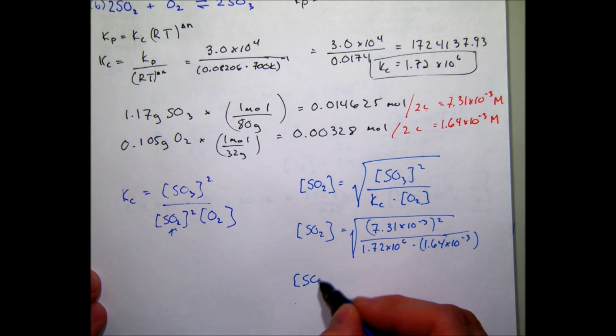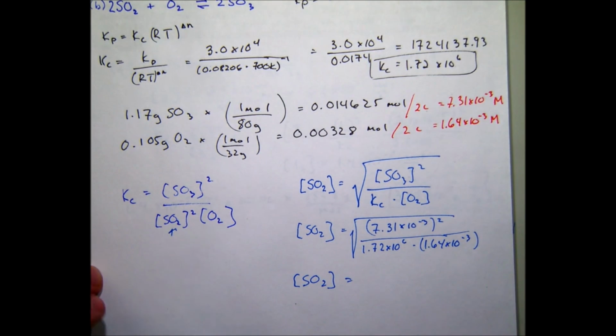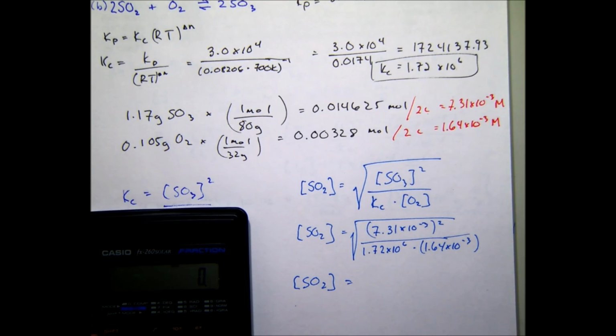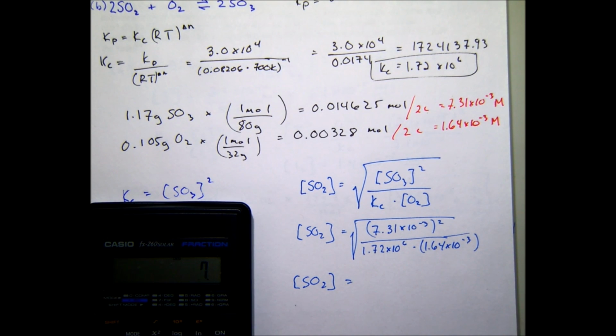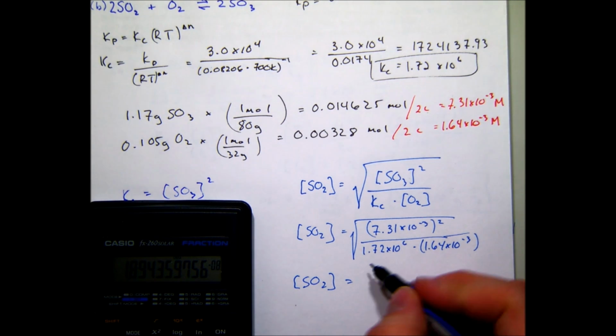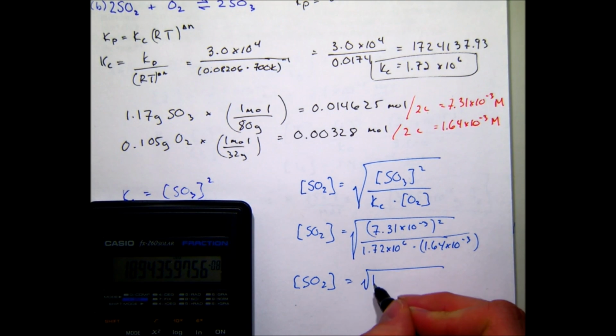So the concentration of SO2 is equal to 7.31 times 10 to the negative 3 squared, divided by 1.726 times the oxygen concentration, which is equal to the root of 1.89.